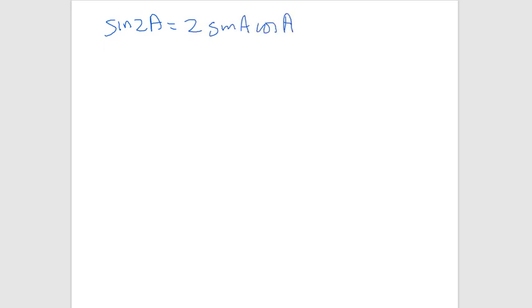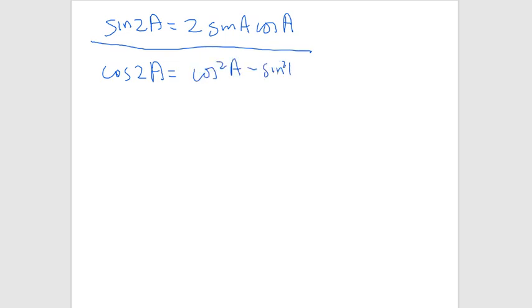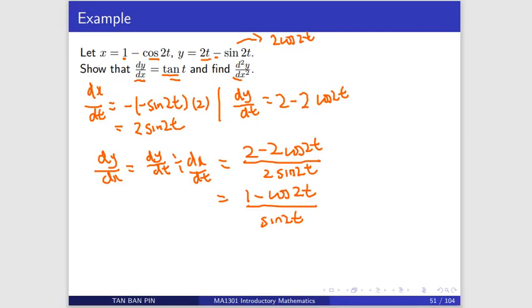Then you also have cosine 2a, there are 3 of them: cosine squared a minus sine squared a, 2 cosine squared a minus 1, and 1 minus 2 sine squared a. And you can see which one is useful.